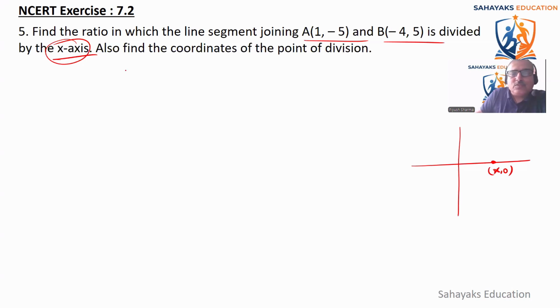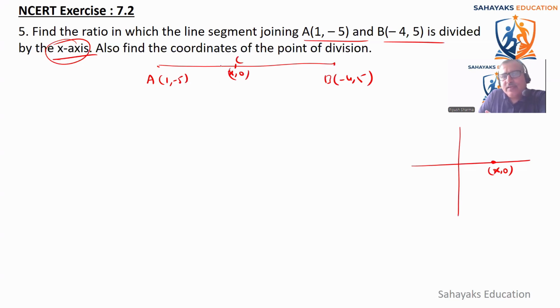Okay, so let's say these 2 points, A is 1, -5, and the point B is -4, 5. Now we join these 2 points, and this is one point which is x, 0. So this point is C.